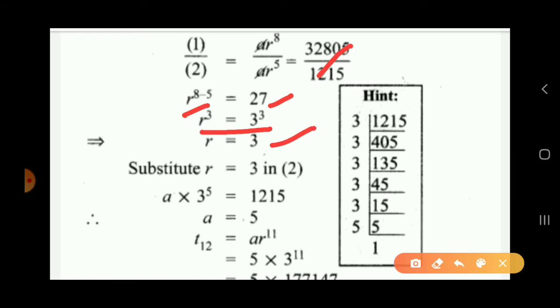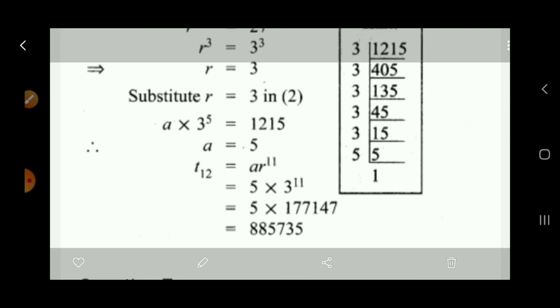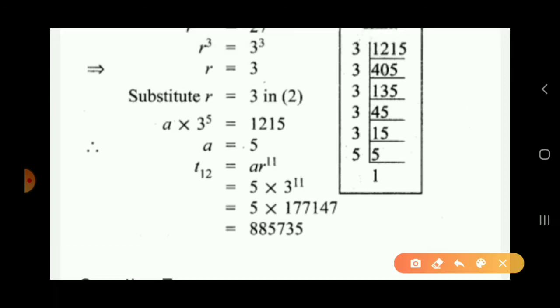This R value 3 goes into A into 3 power 5, so R is 3 and the power is 5. 3 power 5 is 243, and dividing 1,215 by it, you get the value of A equal to 5. Now we can find the 12th term.